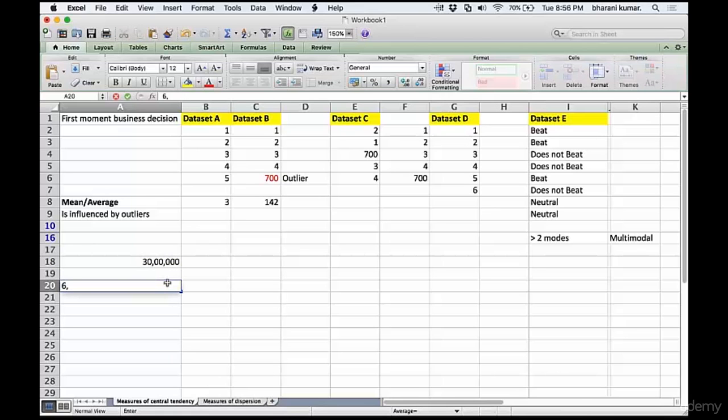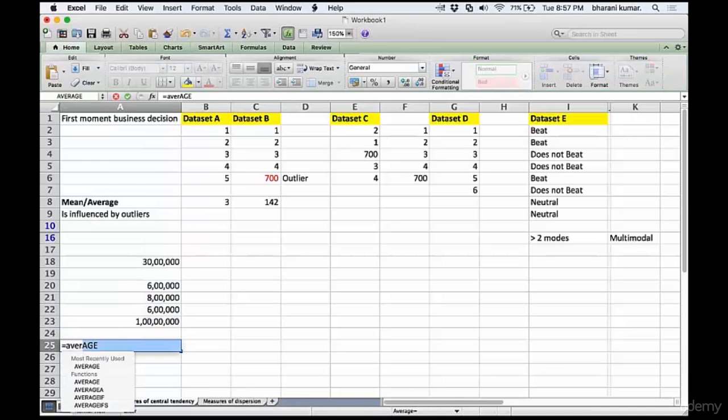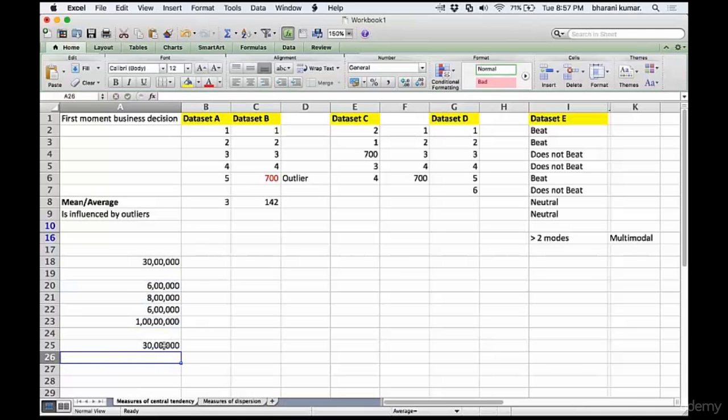But in reality, there might be students who get 6 lakhs per annum. There might be students who get 8 lakhs per annum. Another student might get probably 6 lakhs per annum. And there might be one student who might be getting 1 crore per annum. Now if I calculate the average of all these numbers, I get 30 lakhs per annum.